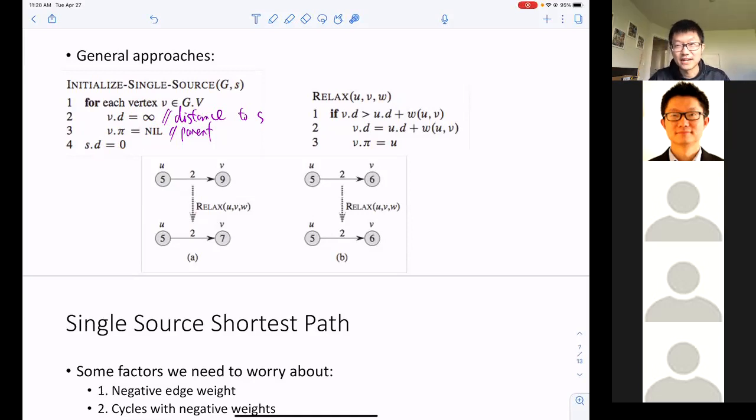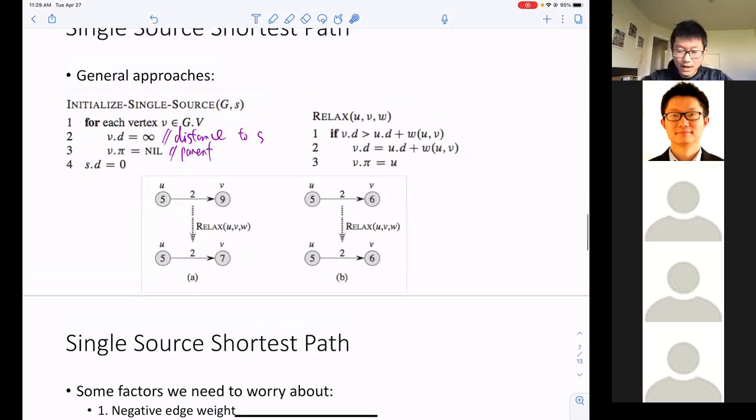Do you know why we associate a zero distance for the source node? That's where you're starting at.